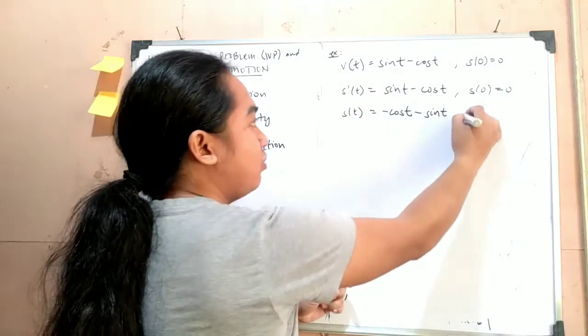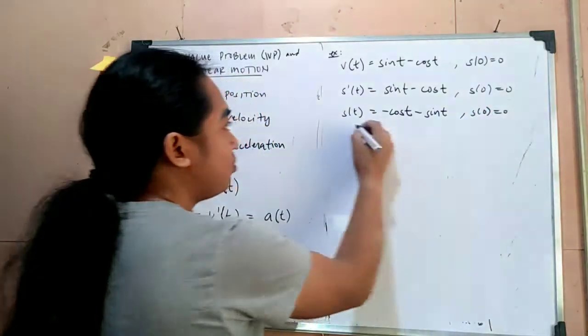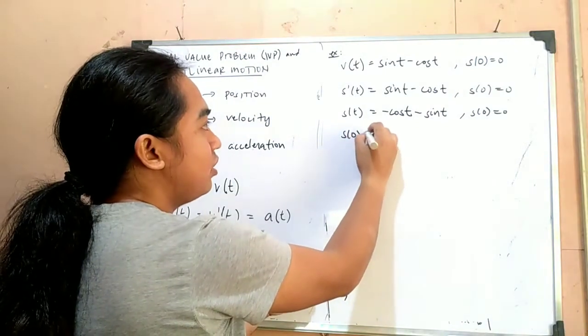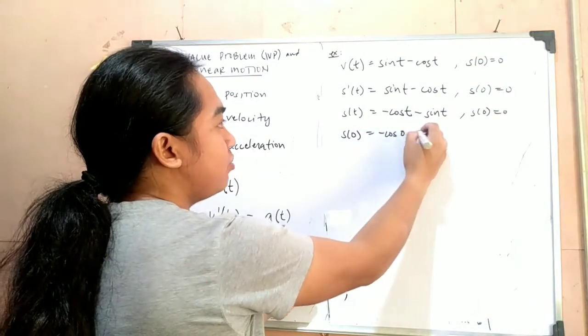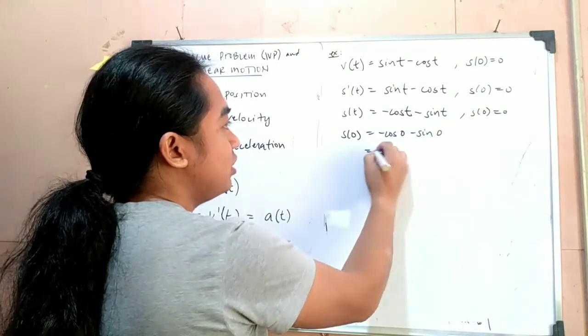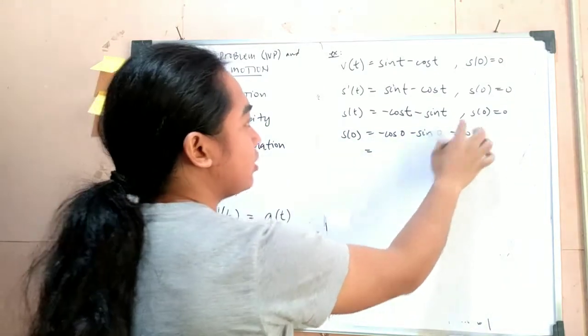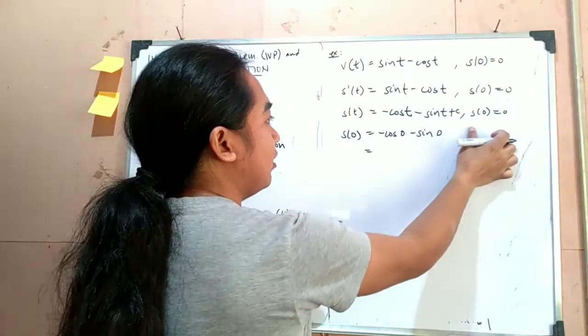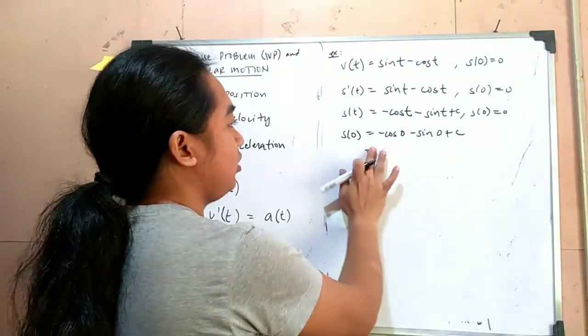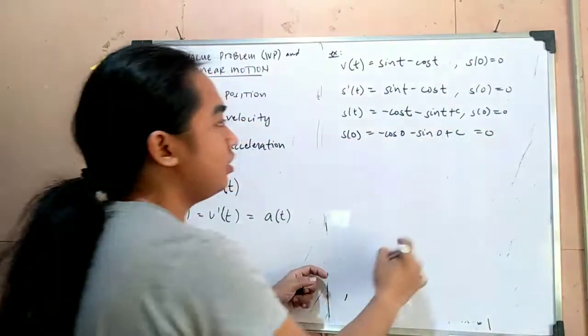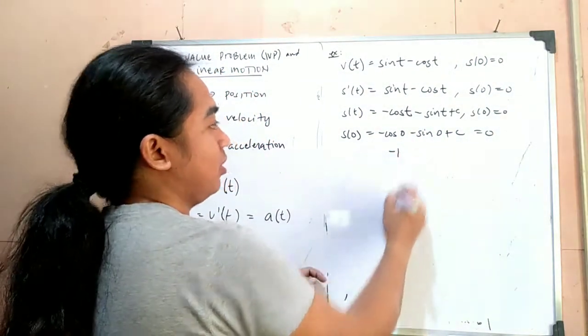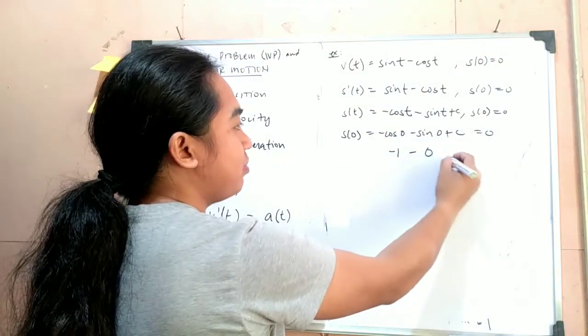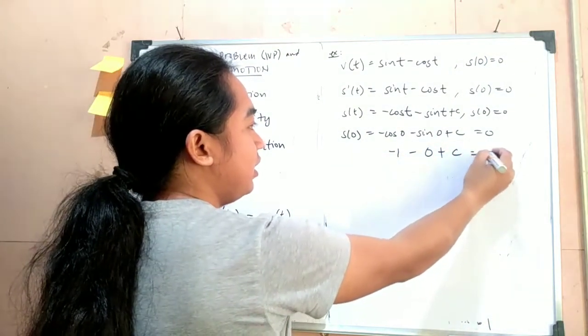And again, we want that s of 0 is equal to 0, so pasok lang natin. S of 0 is equal to negative cosine of 0 minus sine of 0, plus c. So, dapat, this is equal to 0, pero cosine ni 0 is negative 1 minus sine 0 is 0 plus c is equal to 0.